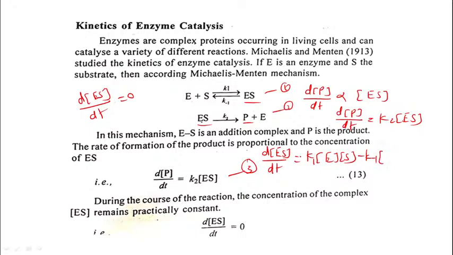We are writing here the rate of the formation of the intermediate, but now in the back process it is converted back to the reactant. So k minus 1 into concentration of the ES.